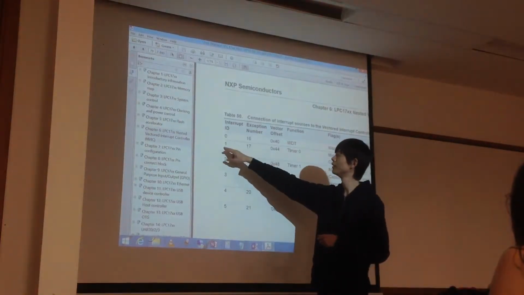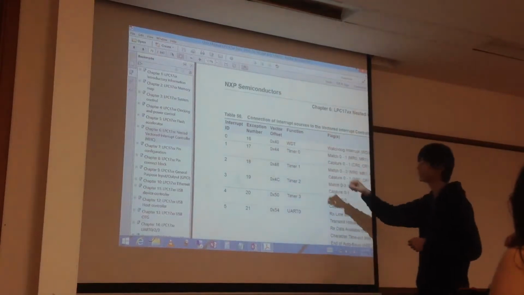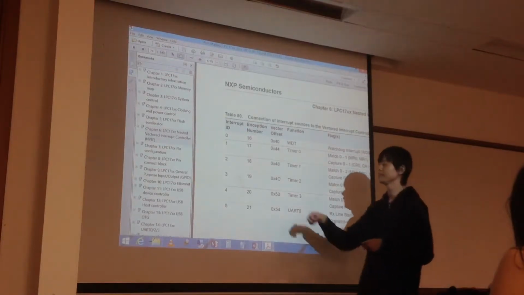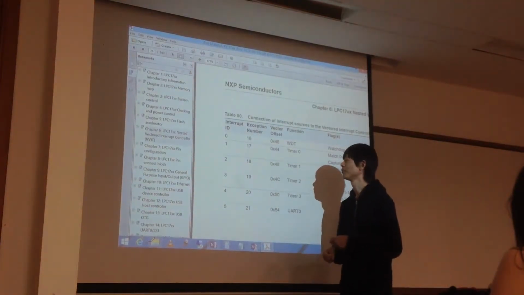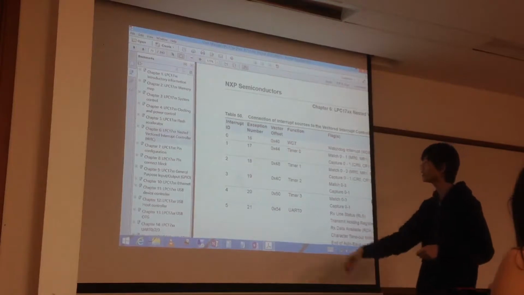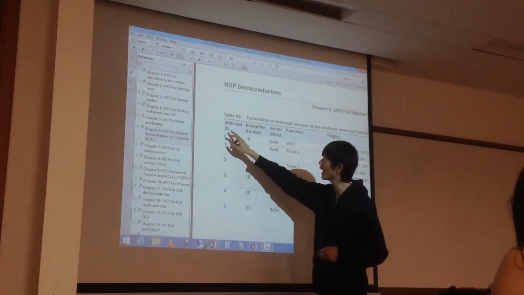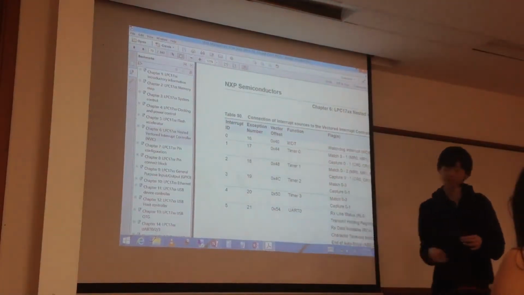IRQ1 is the timer 0. Okay, IRQ is not the same as the interrupt number. IRQ1 here is referring to the timer. So IRQ1, or in other words, the interrupt ID, refers to the timer.